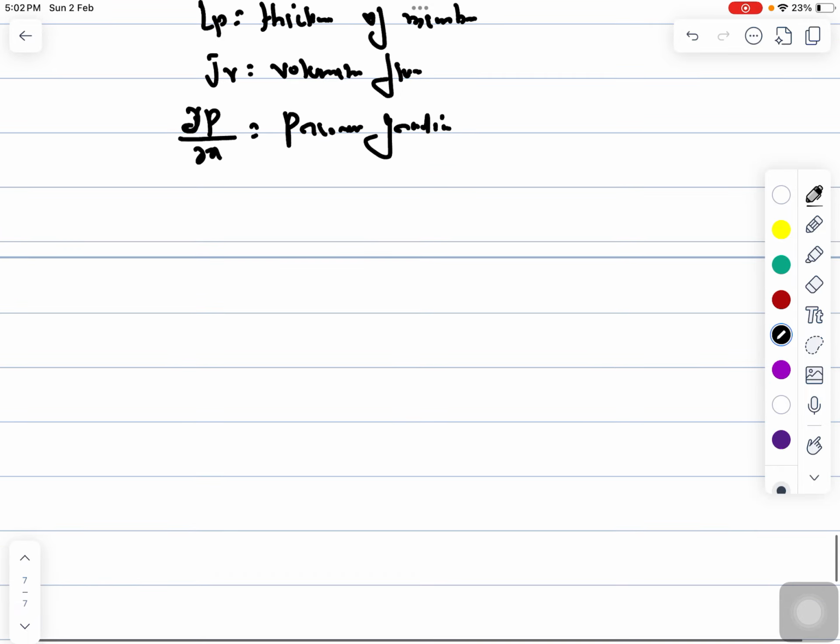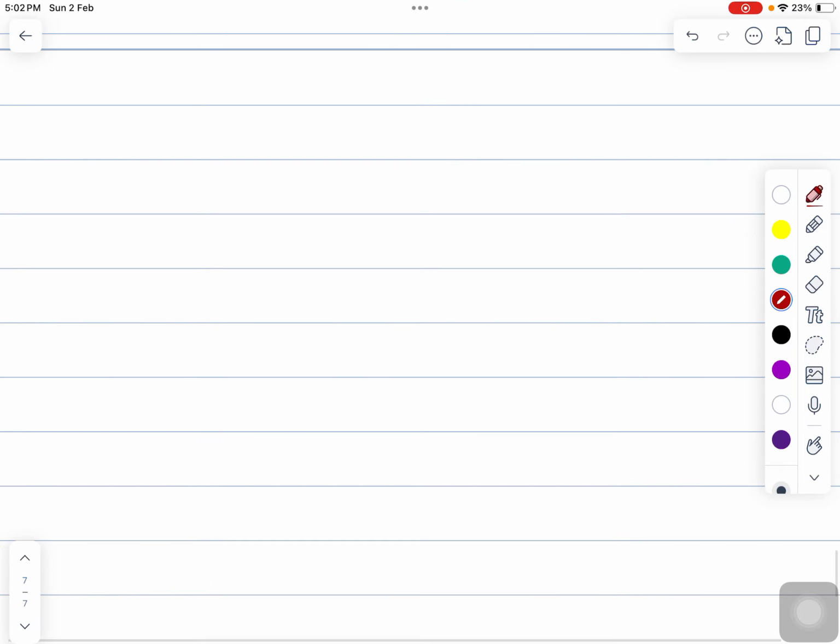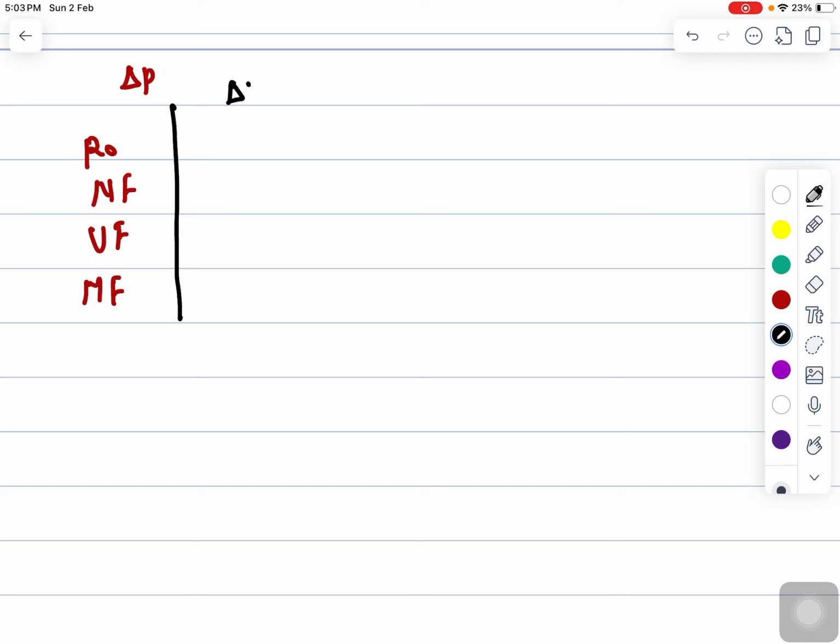So the pressure gradient that I have taught there, delta P. Let's say we have reverse osmosis, nanofiltration, ultrafiltration, and microfiltration. All of these I have already discussed. And the pressure drop required in all of these processes: in reverse osmosis I have told you it will be 30 to 40 atm, that was the highest.